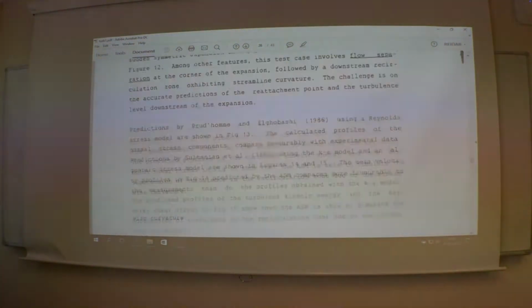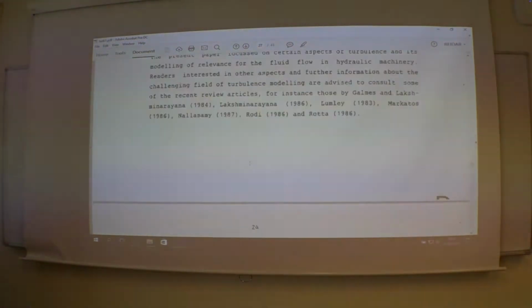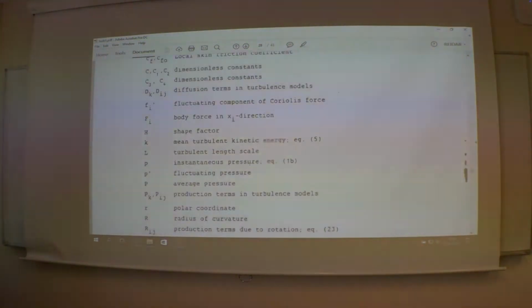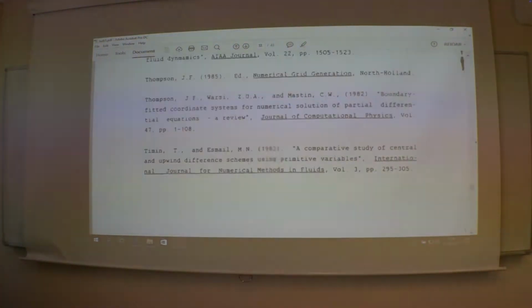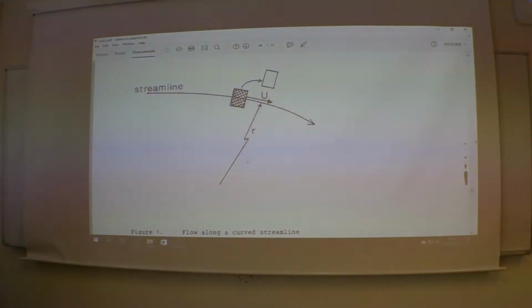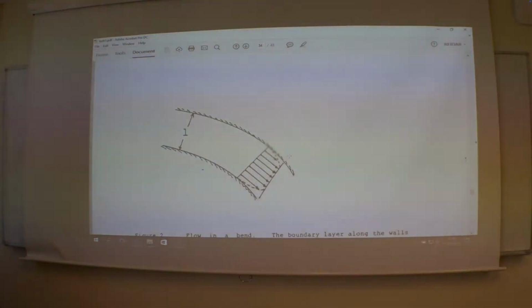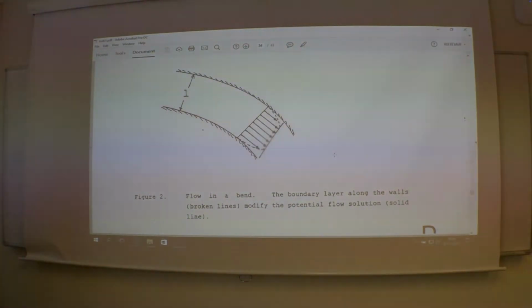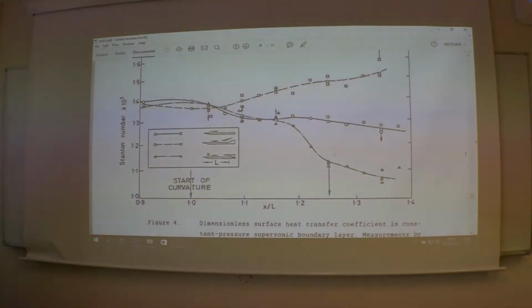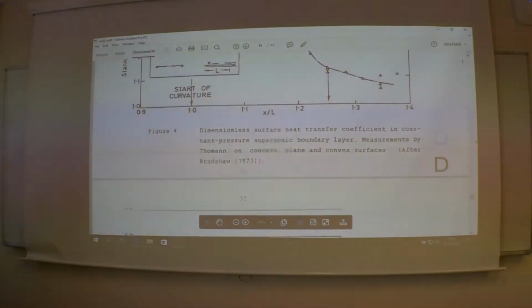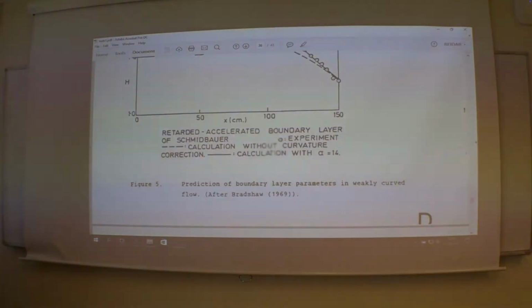I won't go through all this, but you have some figures here in the end that I want to have a look at. So a slightly curved channel, something that we are looking into, flow in a bend, and also a rotating flow. So we won't go through these, sort of boring.